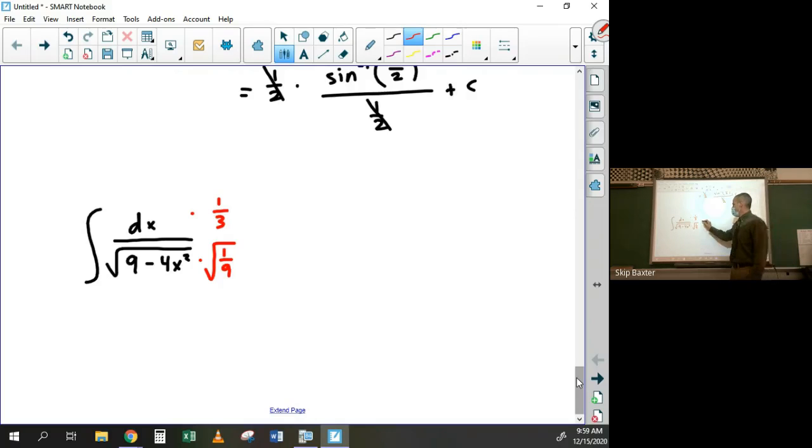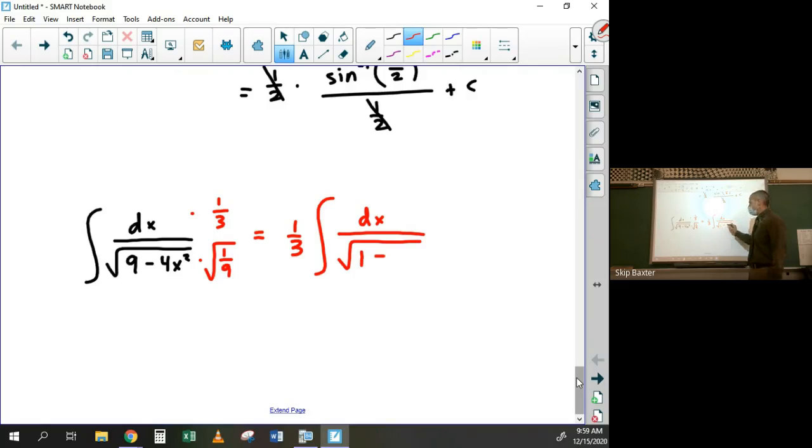Right? So this is just going to be 1/3 integral of dx over, if I distribute that 9 into the radical, I get square root of 1 minus 4/9 x squared, which is 2/3 x squared.